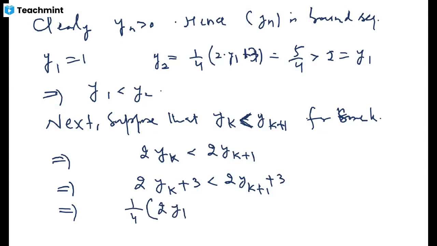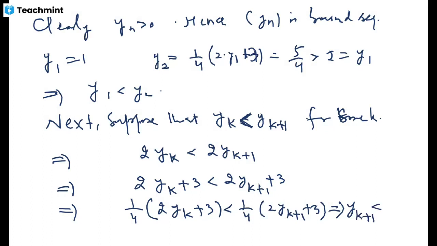I'm multiplying it by 1 by 4. This will be 1 by 4 times 2yk plus 1 plus 3. And look at this term. The first term in this inequality is yk plus 1, and the second term to the right of this inequality is yk plus 2. So this inequality carries on to the next term also.